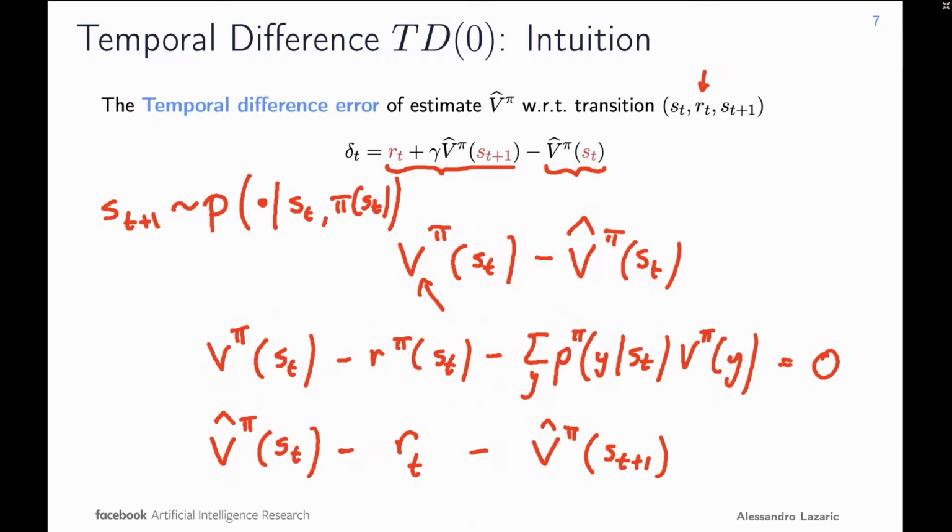Of course, I cannot do it full throttle. Somehow I have to be a little bit more nuanced because, again, I'm taking just a sample-based version of this equation.